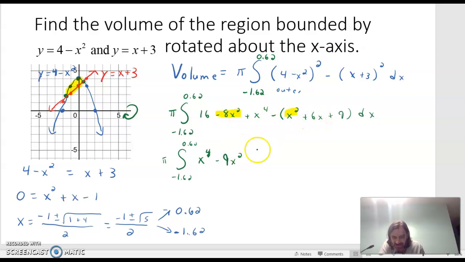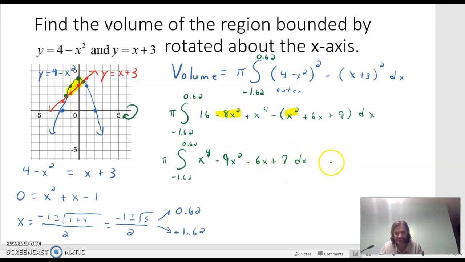Then with the x's, we have a negative 6x. And then we have 16 minus 9, so that'll be plus 7. Fun stuff. Double checking all that: x to the 4th, negative 9x squared, minus 6x, plus 7. I think that's right.